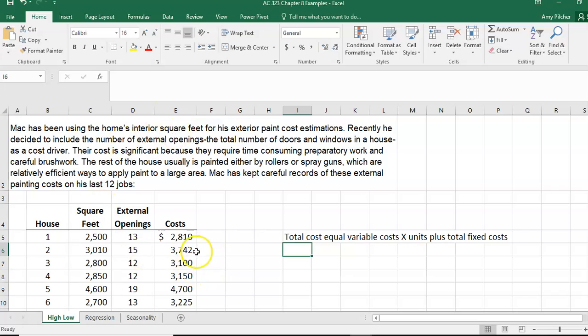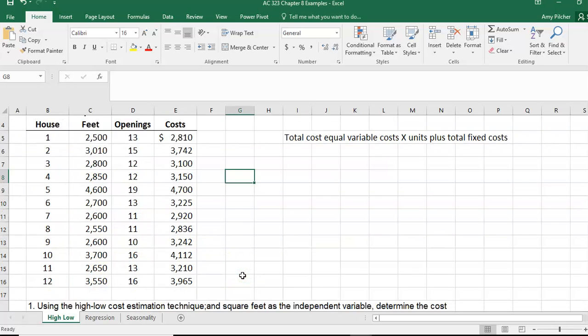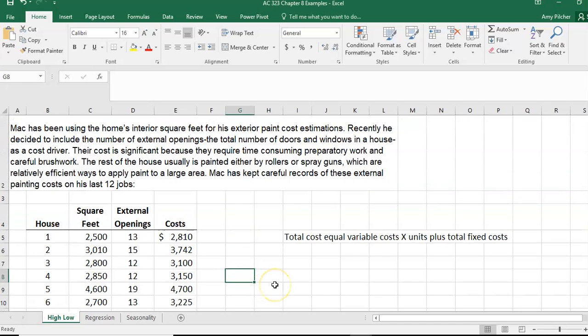So the information that we are given is total costs and the number of whatever our variable driver is. In this case, we have two potential drivers of cost: the square feet of a house and the number of external openings of a house. And we can use either one to develop a cost equation.